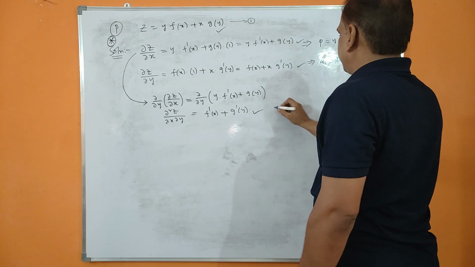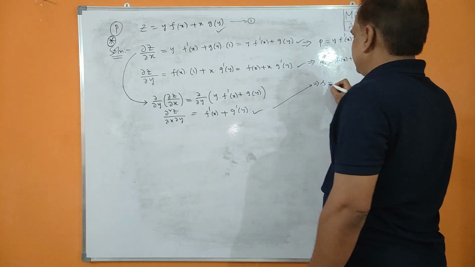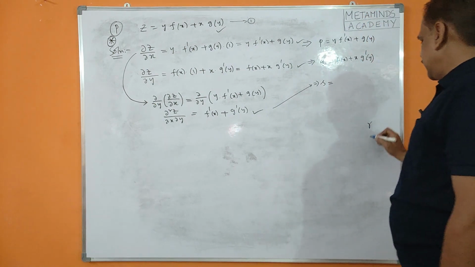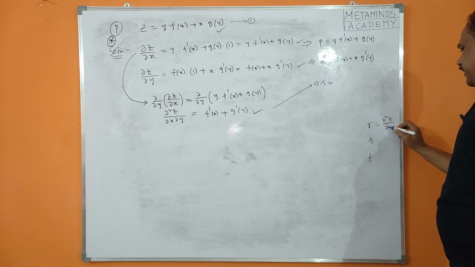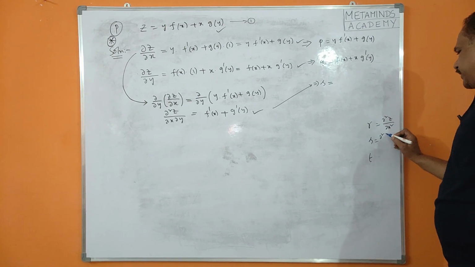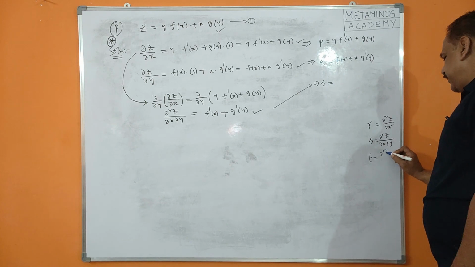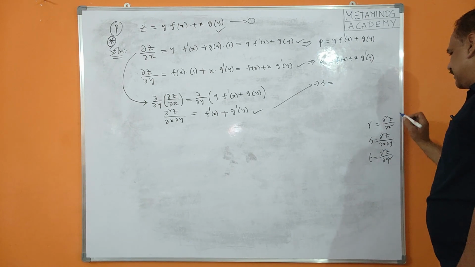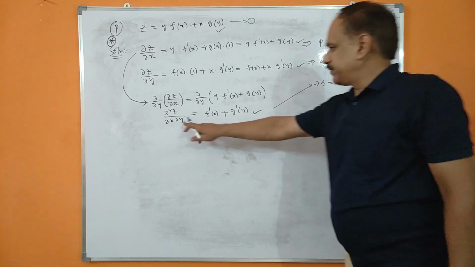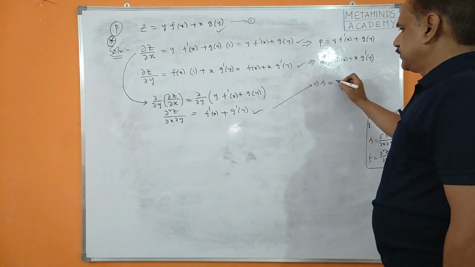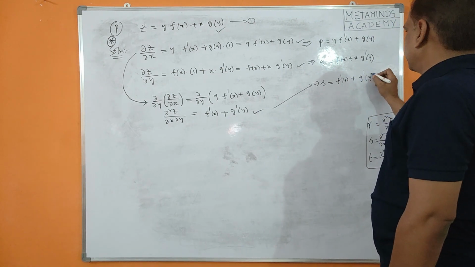And this third equation is, yes, right, PQRST. R is dou square z by dou x square, S is dou square z by dou x dou y, T is dou square z by dou y square. This is the standard notation, right? So that is how it is. This becomes S equal to f dash x plus g dash y.